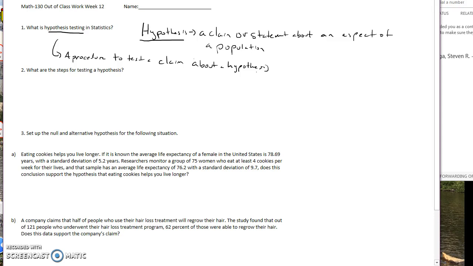So we're going to go through the steps for hypothesis testing this week, and those are as follows. The first thing you're going to want to do is set up your null and alternative hypothesis, and we're also going to want to mark the claim.